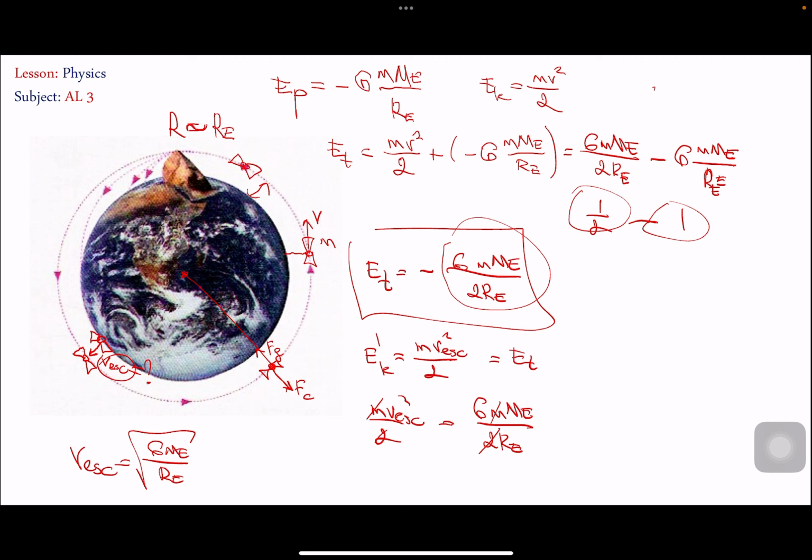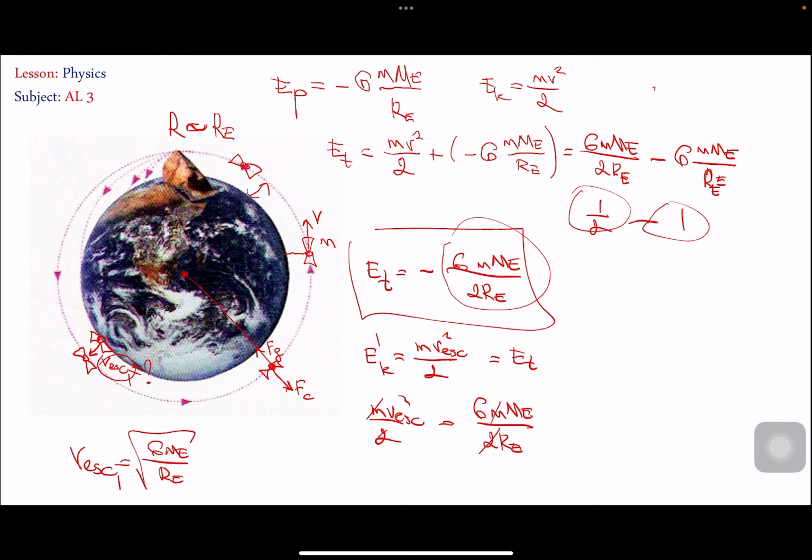So what does it give me? It gives me a certain value. Again, the escape speed is the speed. Let me write it as escape speed 1. The escape speed 1 gives me the amount of speed that I need to launch a satellite from the surface of Earth to a certain orbit that will be close to the radius of Earth, and it will move with the speed that is given here.